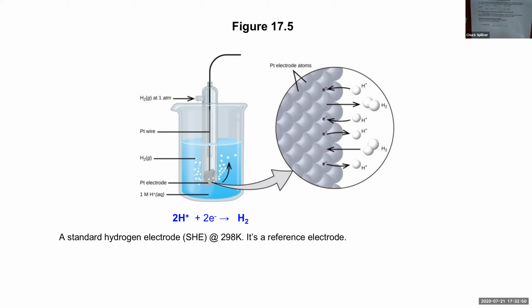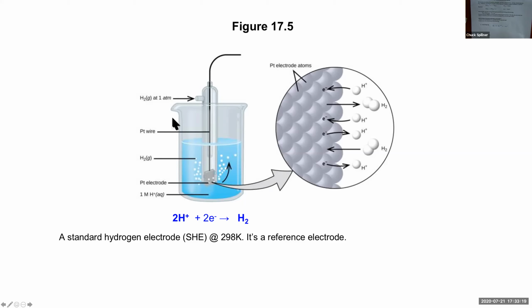And standard means standard conditions. So we're going to talk about cell potentials at standard conditions now for a while. And standard conditions are the same conditions we've talked about before for free energy, entropy and enthalpy. So standard conditions are 25 degrees C or 298 K, 1 atmosphere pressure, and 1 molar concentration.